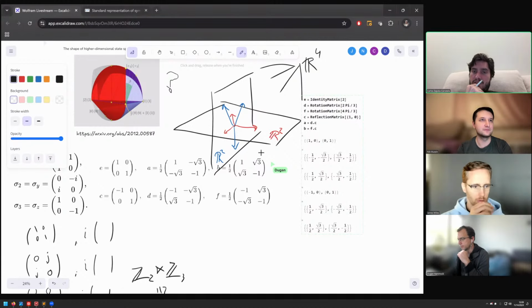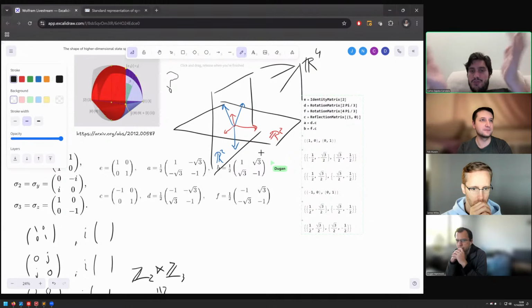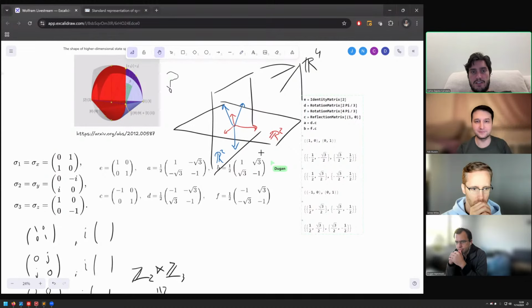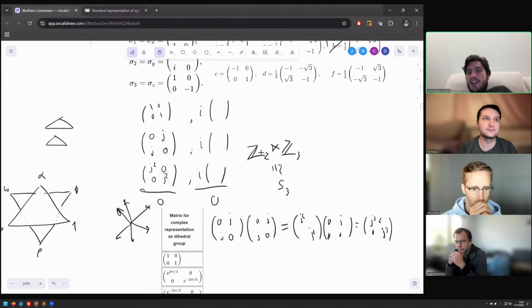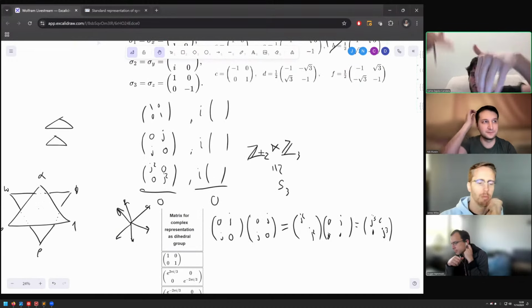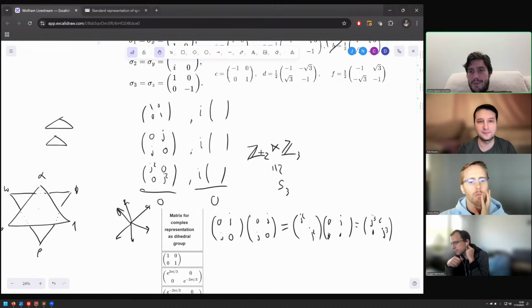So if you cast a shadow from R4 down to some R3, if you do it properly and you don't degenerate some of the vectors, you're going to get the same shape, but one dimension lower. That's usually what happens with projections when you don't degenerate.